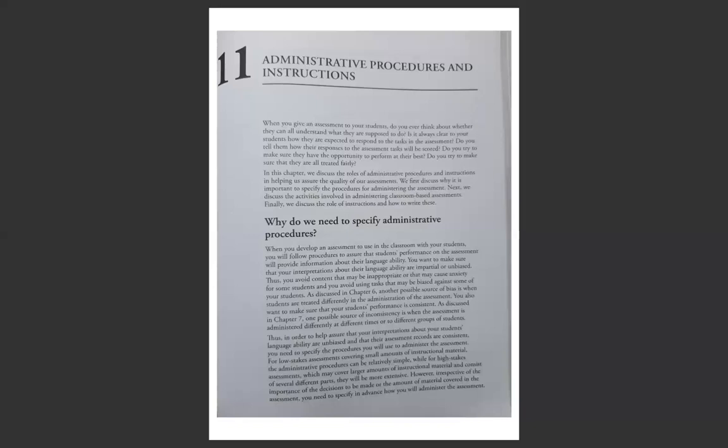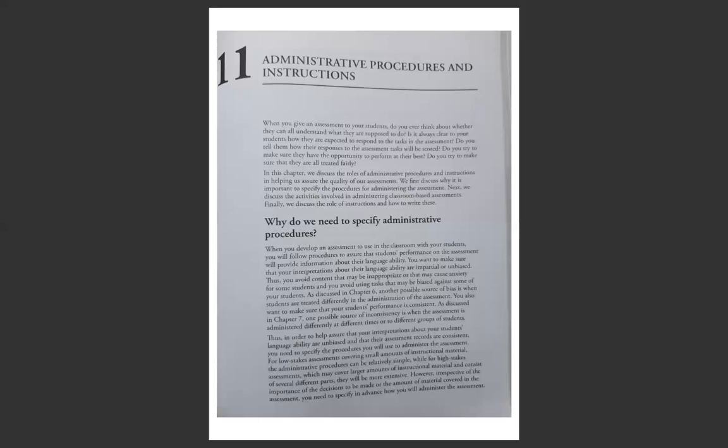Okay. Well, administrative procedures are those things surrounding the test. Those aspects that are going to guarantee that the test or the assessment is administered in the right way. For example, time and place, the physical conditions of the classroom, the physical conditions for the testing.